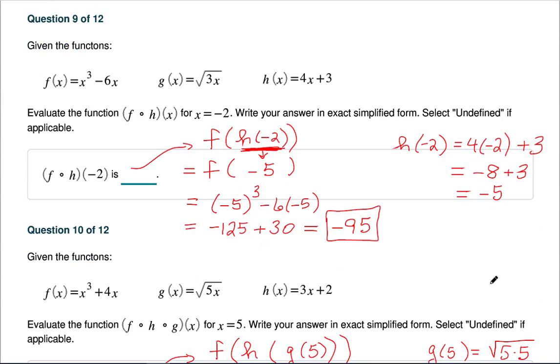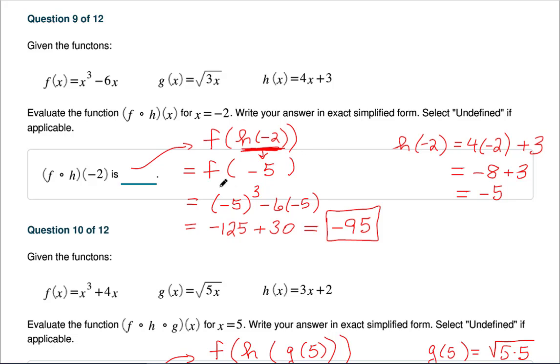All right, in question 9, we have f composed with h of minus 2. So the minus 2 goes into h first. Okay, what does h produce? So I plug minus 2 into h, and out comes minus 5.